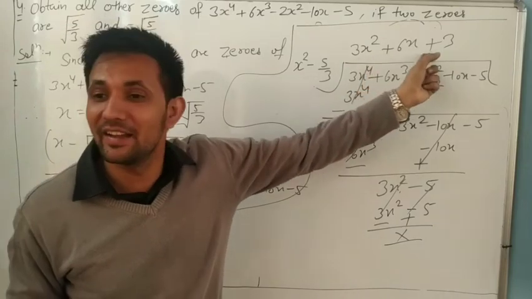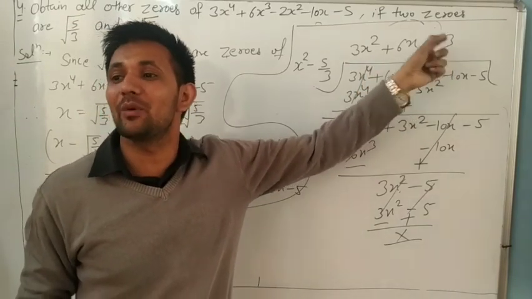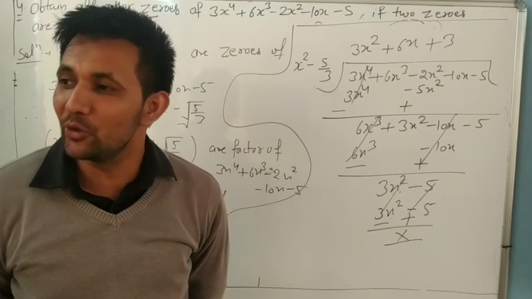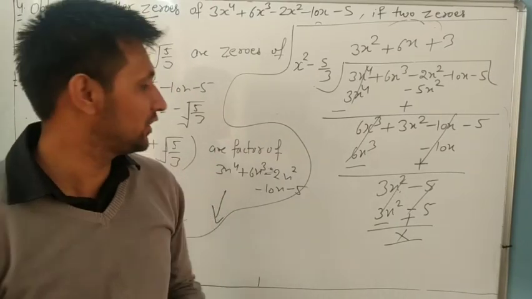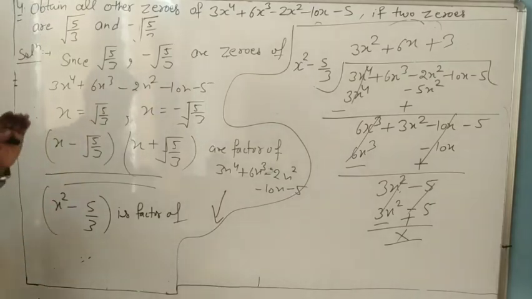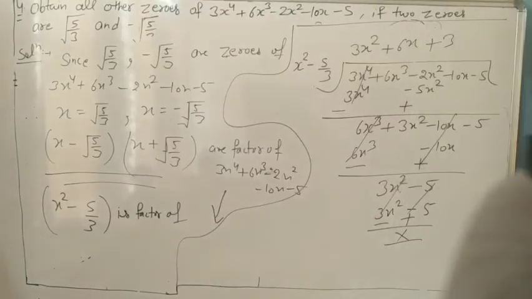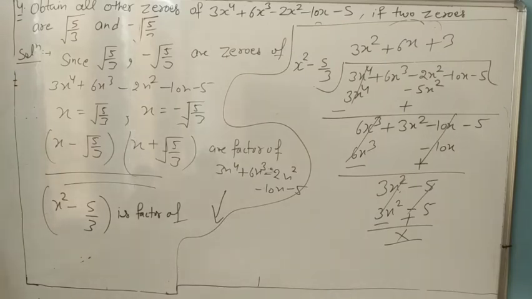because it is a quadratic polynomial. And by quadratic polynomial, do you know how to find zeros? So look at how to find. There is some space problem.